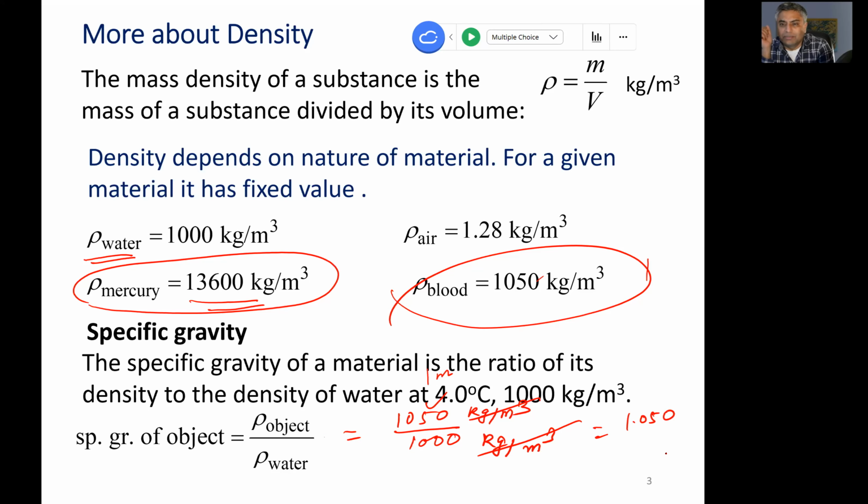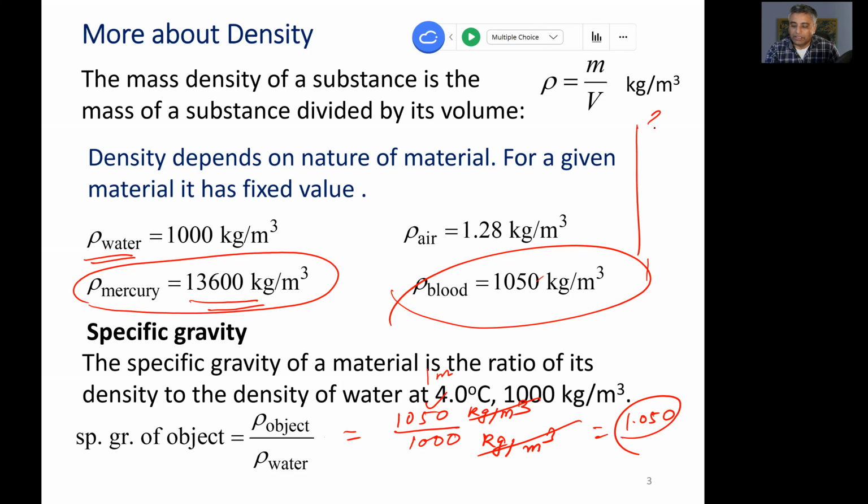So it's saying blood has a specific gravity slightly larger than 1. What does it mean? It means it has a density slightly larger than the density of water. By writing a specific gravity, we are writing this number, the density compared to the density of water. So when we have a nice pure number like this, it becomes easier to put in a table, right?